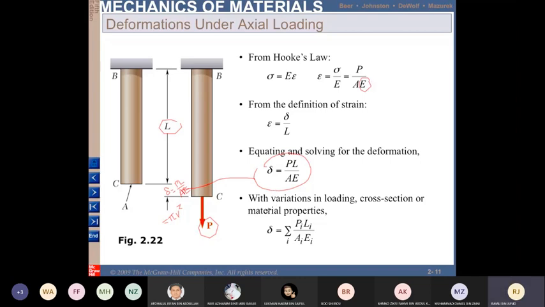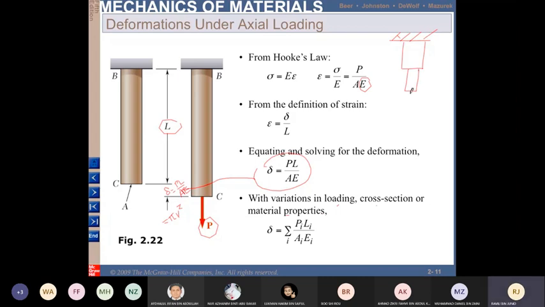So when you have variation in loading, cross section or material properties, for example, you have this. This is your wall. This is your rod. This is your first rod, and then you have another rod with another diameter made from different types of material.